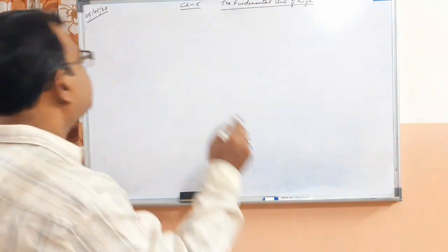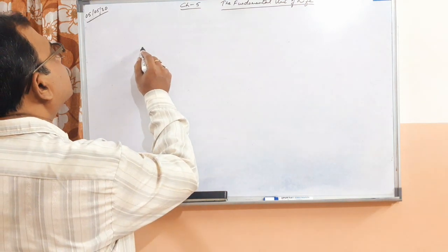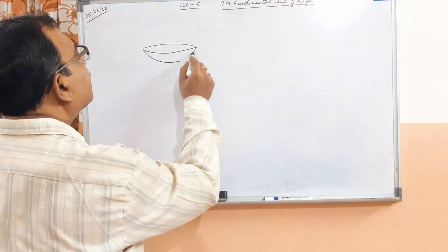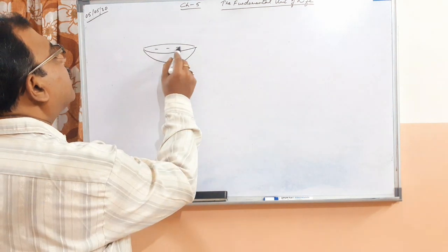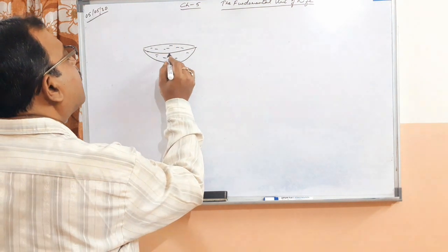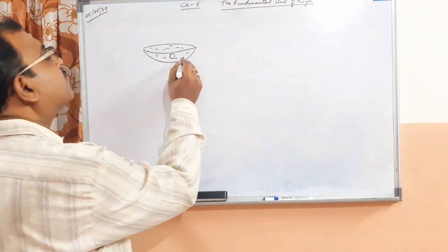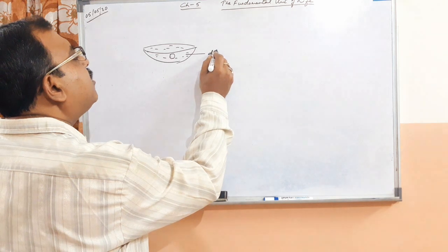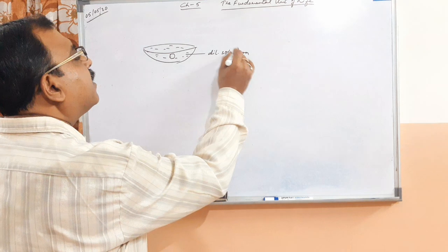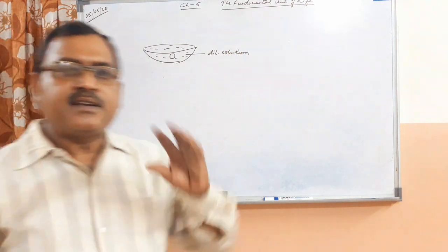Now suppose you think of a condition where a cell is kept in a very dilute solution. Dilute solution means the solution which is present inside the cell, its concentration is more.